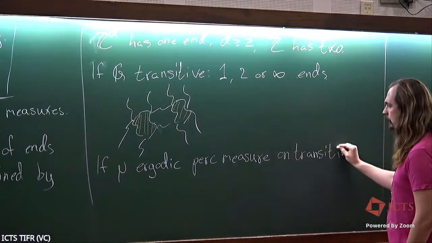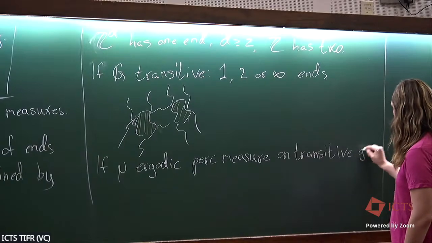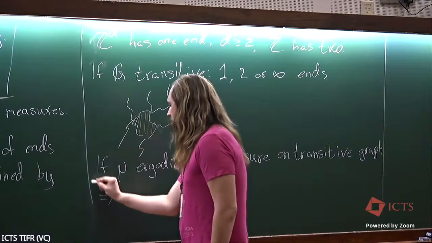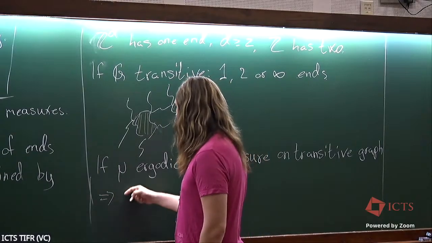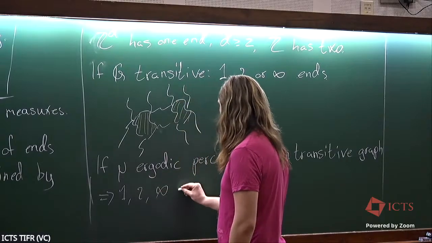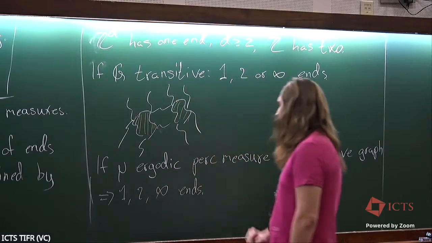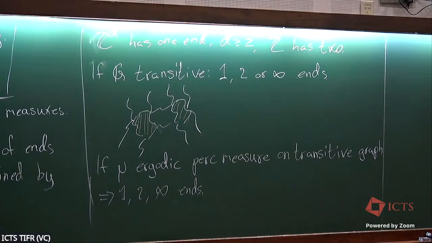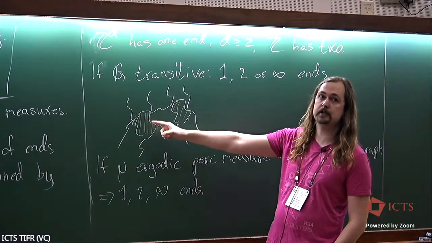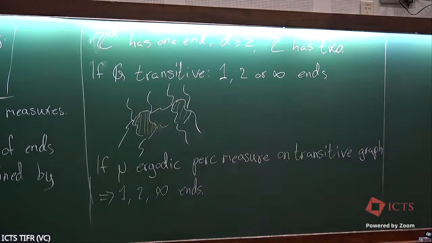So if you have an ergodic percolation measure on a transitive graph, then you can either have 1, 2, or infinitely many ends. Why? For the same reason. Suppose that there is positive probability that you branch off 3 ends at some point. By ergodicity, you have infinitely many places where this happens, and this sort of branches off.